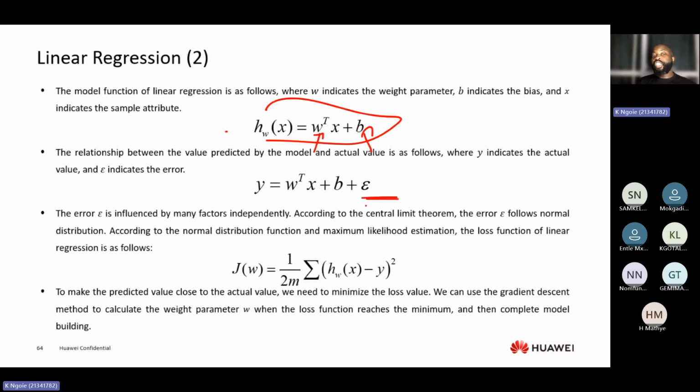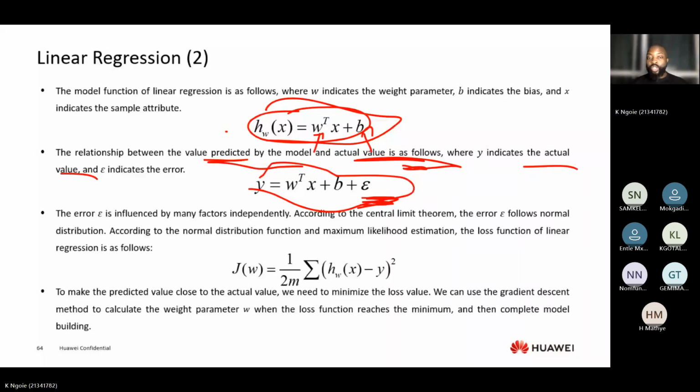The difference between the value predicted by the model and the actual value will be the error that we have. So can you see here? This is what the model is predicting. But the actual value of what we're trying to predict will be something like this, plus an error, because there's an error that will be there. We can't predict it at 100%. There are many factors that will influence the error.